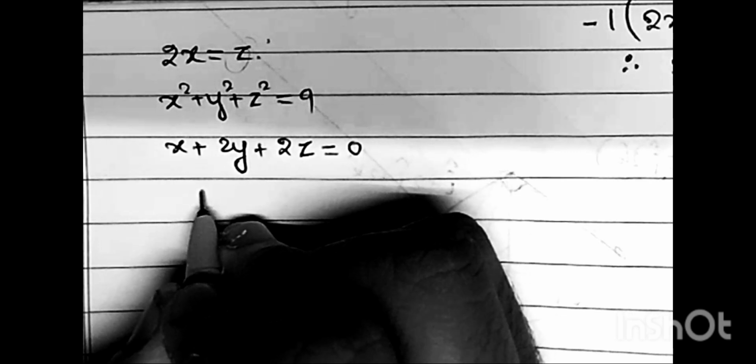So let's put the value of z over here. What we get is 5x plus 2y, I hope I'm correct, is equal to 0. So using this equation and the third equation, we get a ratio between x and y.